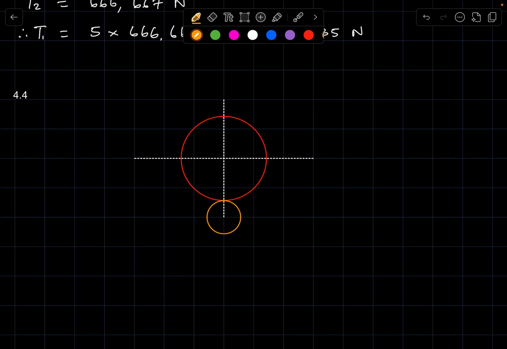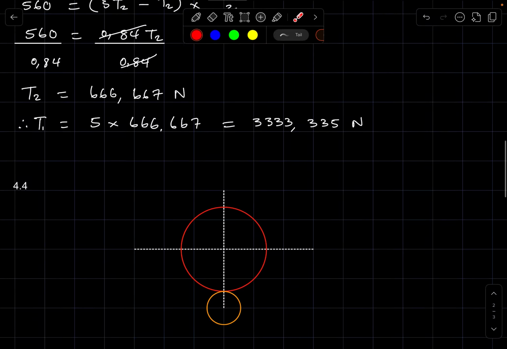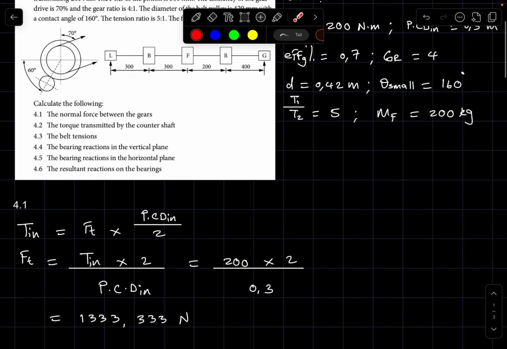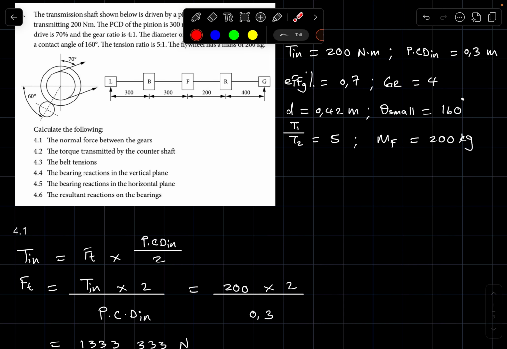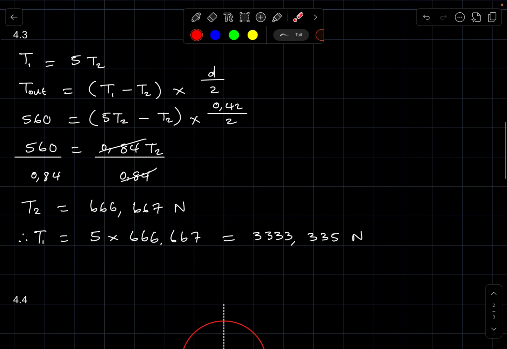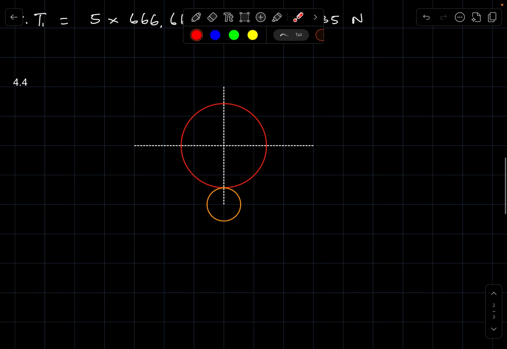Of course these two are meshing. In drawing this diagram, you must make certain that you position your pinion based on how it is positioned in this schematic illustration: the pinion is at the bottom, not the top, not the left, nor the right. So you draw this diagram making sure that the pinion is at the bottom.